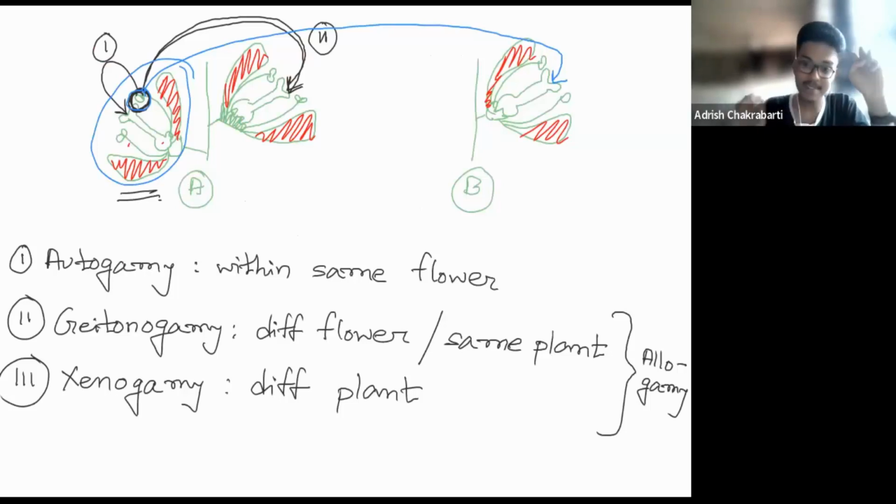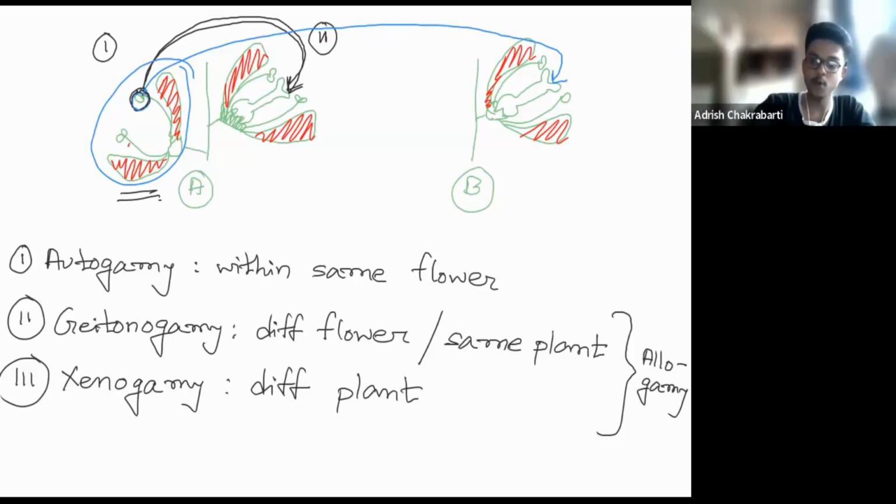But consider the case where, by any chance, the female part would not have been there. In any possible scenario, it is not possible for pollen from this anther to drop onto the stigma of the same flower. So self-pollination is not possible at all.